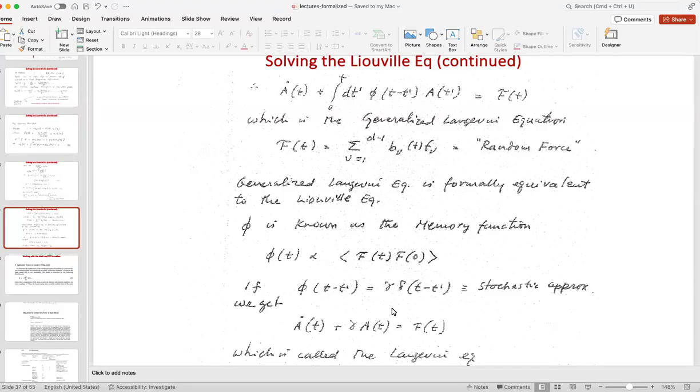Okay. So as I was saying, the generalized Langevin equation is a rather abstract equation, and it is very hard to visualize what this random force is all about, and yet it's not random.